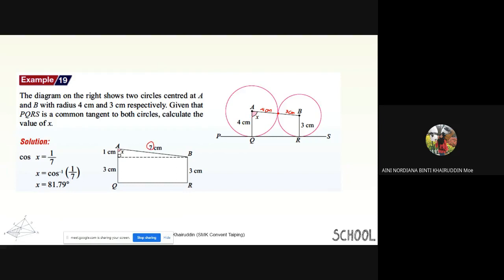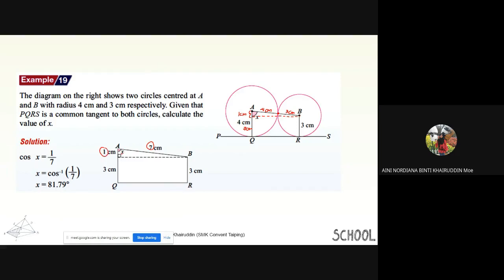Then bila you buat satu straight line macam ni, here is 3 cm, here also 3 cm. So here is 1 cm, 4 minus 3. And that's why here 1 cm. Then you can use trigonometric ratio.